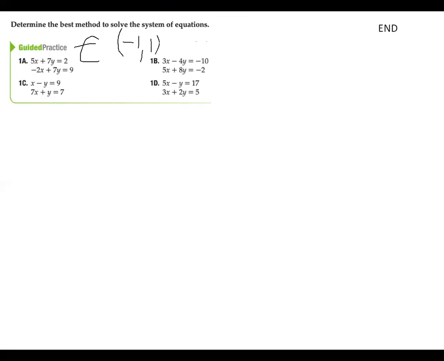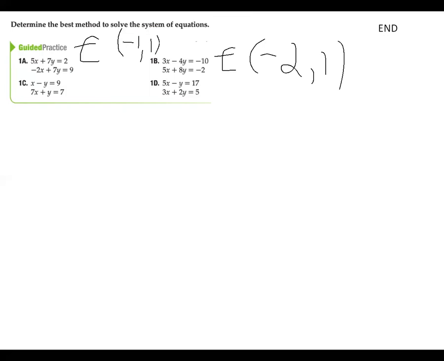For 1b, again, I would use elimination because you could multiply the first equation by 2 and then cancel the y's, and you should get -2, 1. 1c, you could use elimination or substitution. It doesn't really matter.